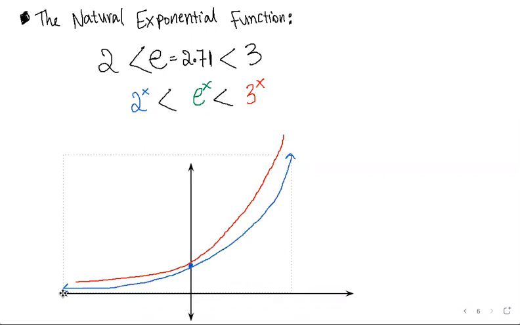For the blue, it will be a little bit down here and more up like this. Now the green one will be between the red one and the blue one. So e to the x will be like this, around here.